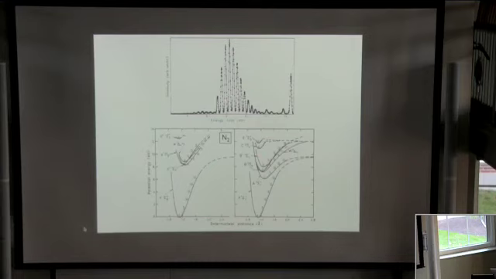In principle, if you know the vibrational energy levels, the Franck-Condon factors and the instrument resolution function, you can do it. The difficulty is that these vibrational Franck-Condon factors and actual cross-sections have a large dynamic range.